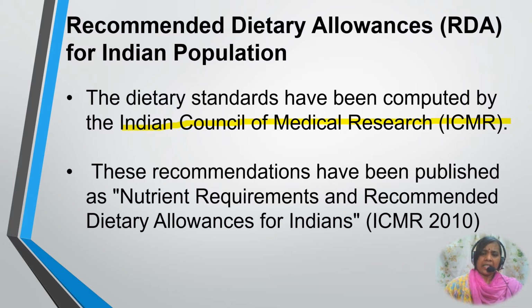These recommendations have been published in Nutrient Requirements and Recommended Dietary Allowances for Indians in 2010, and they are constantly revised whenever new data is available, and the last revision was in 2010. So whenever I say RDA, I use the term ICMR 2010.